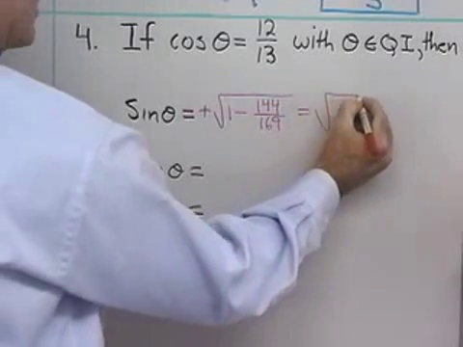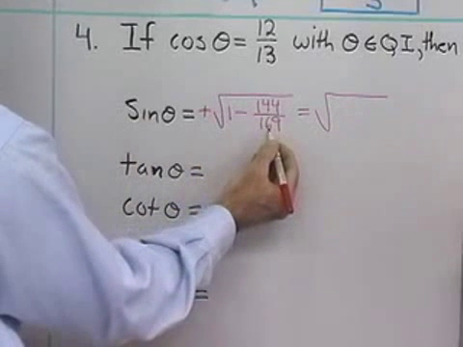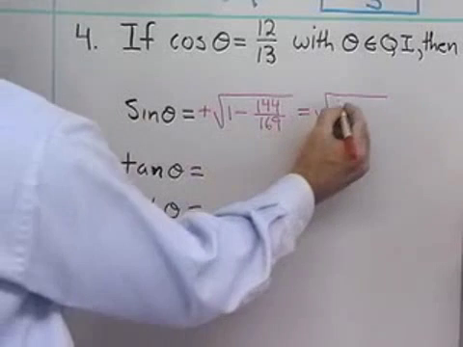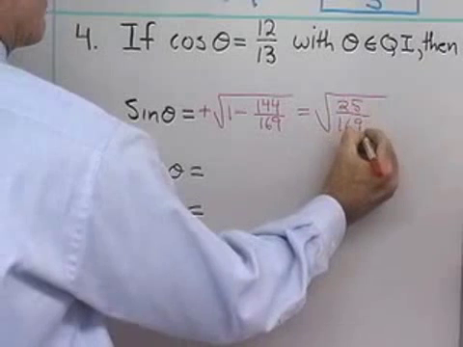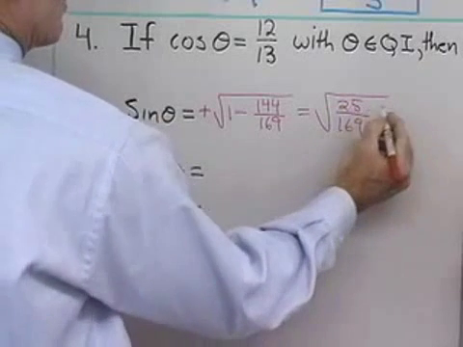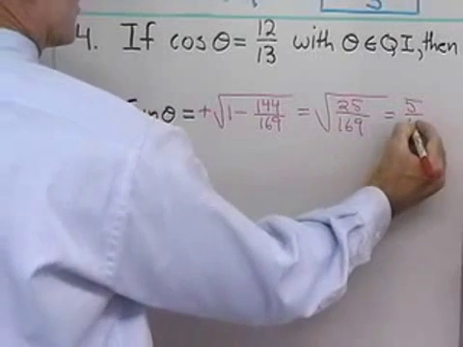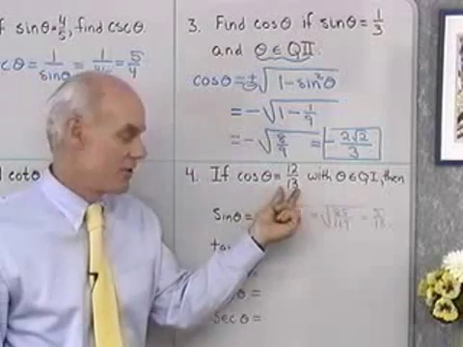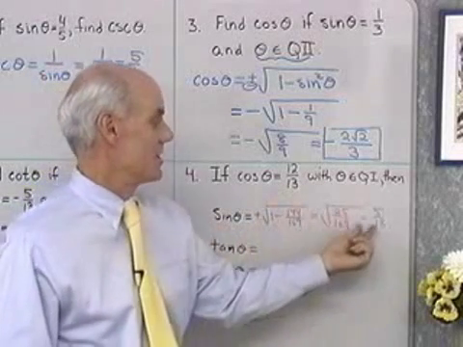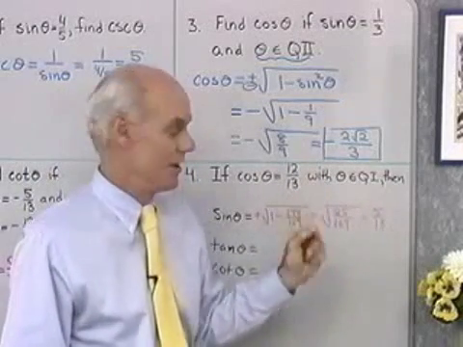So that's going to be the positive square root of 169 over 169 minus 144 over 169, which is going to be 25 over 169. And so that will be the square root of 25, which is 5, over the square root of 169, which is 13. So if cosine theta is 12/13, then the sine of theta must be 5/13, and I know it's positive because theta terminates in quadrant 1.